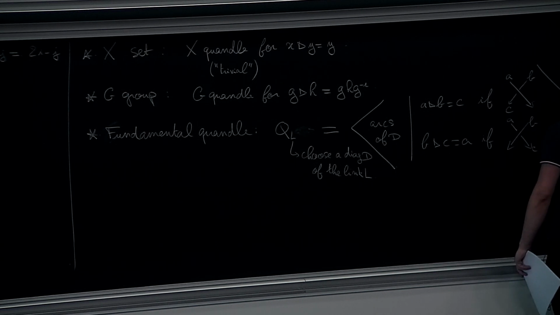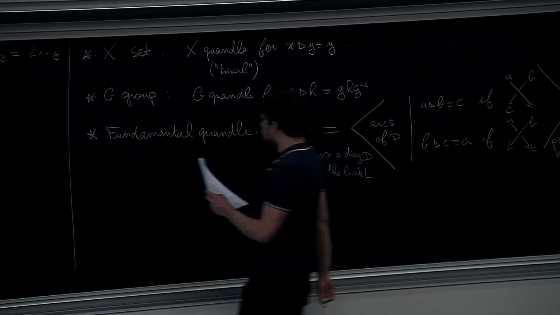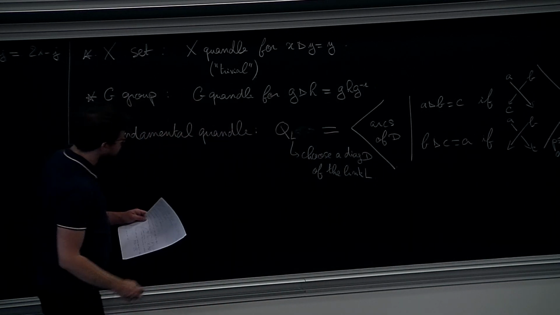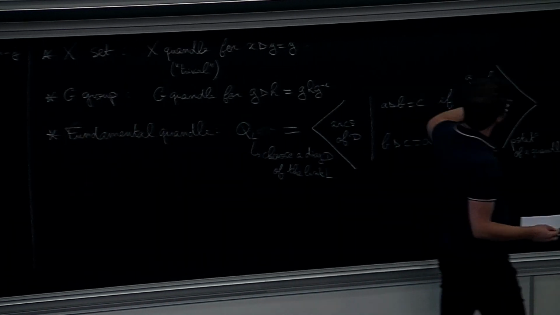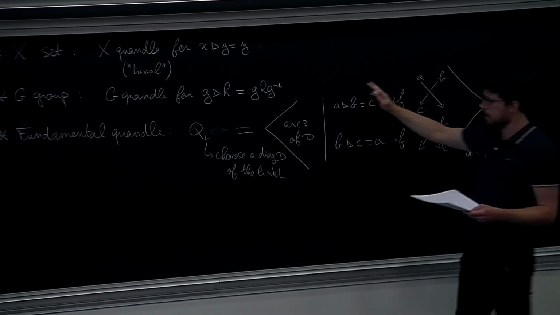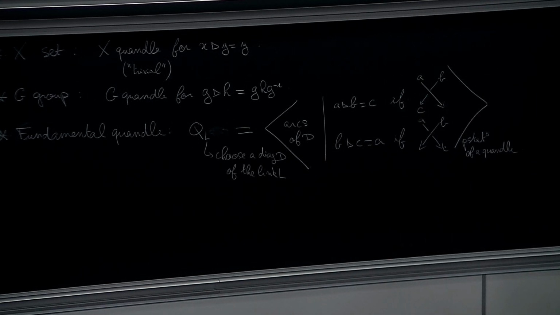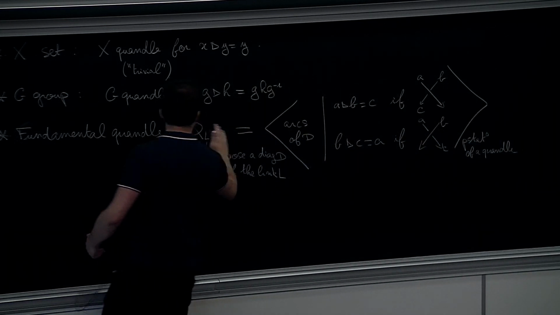And you take this as a presentation of a quandle. It's the quotient of the free quandle on these arcs by these relations, and you can do that. You have to trust me on this. And so if you do Reidemeister moves, you will get isomorphisms of this, and so up to isomorphism it depends only on the link. And also, it's kind of the universal quandle to color L.